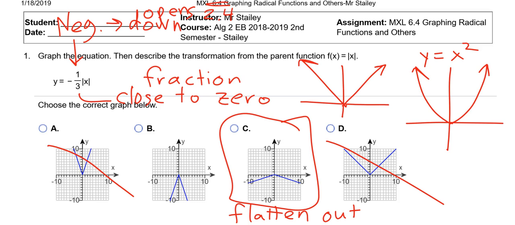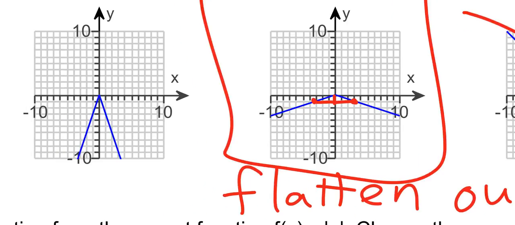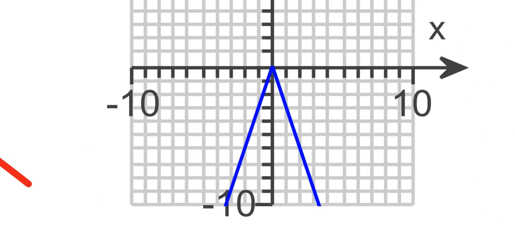Now, I'm going to zoom in on the graph because you can see what the lines are. If you go down 1 and 3 to the right, you find one of the points. Likewise, if you go down 1 and back 3, you find points. That's not going to be true over here.